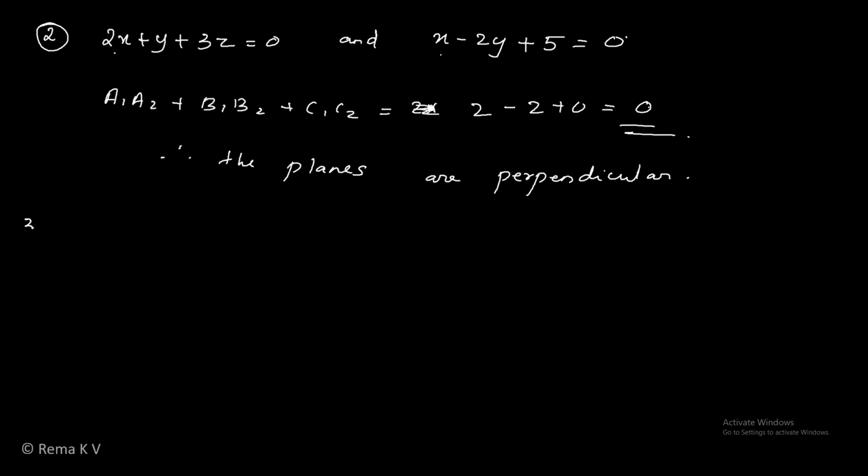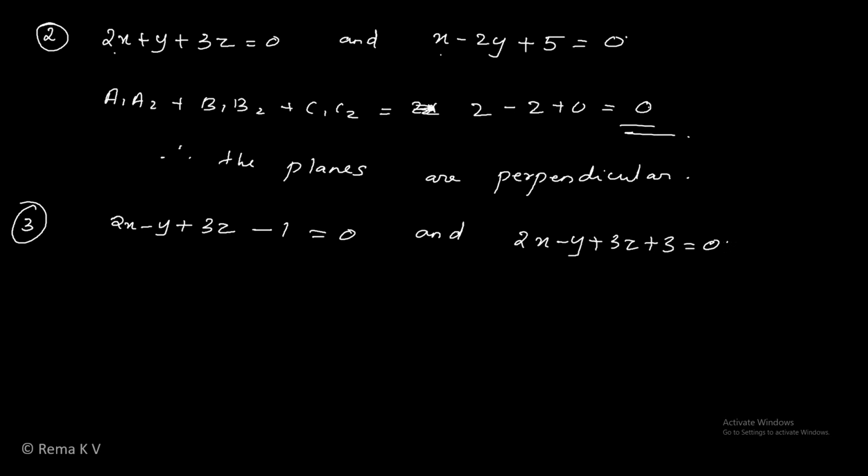Try one more question. Two x minus y plus 3z minus 1 equal to 0 and 2x minus y plus 3z plus 3 equal to 0.